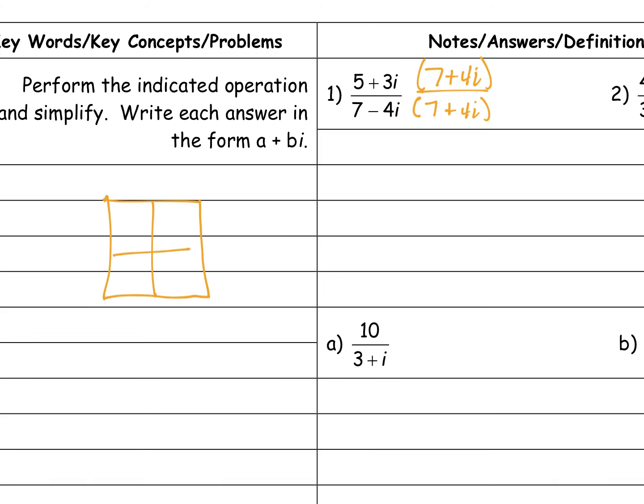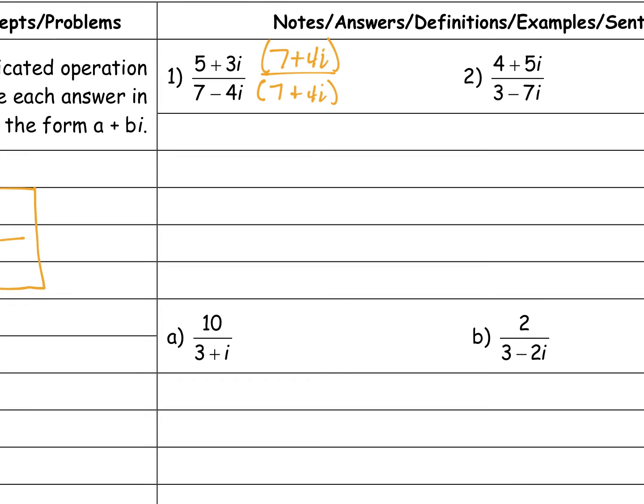Let me just multiply it out in my head really quick. 35 plus 20i plus 21i plus 12i squared. I think that's it.